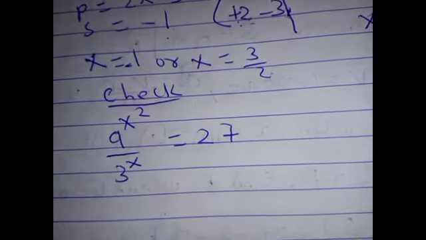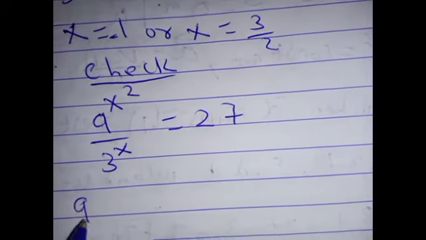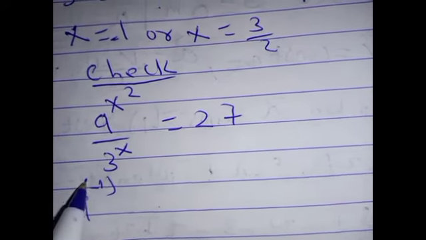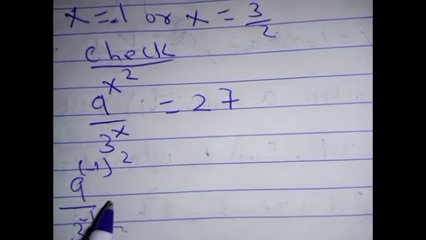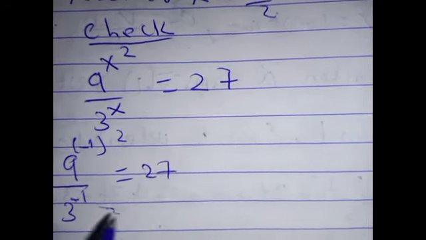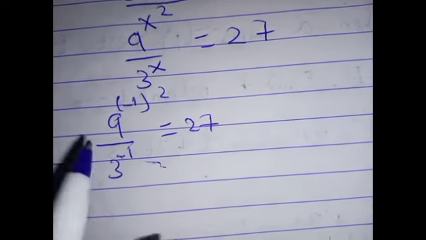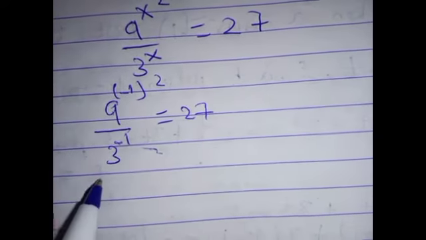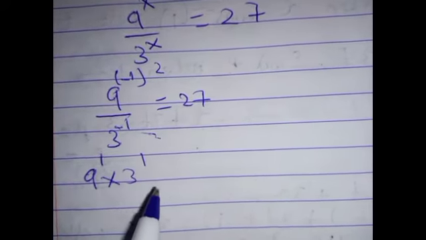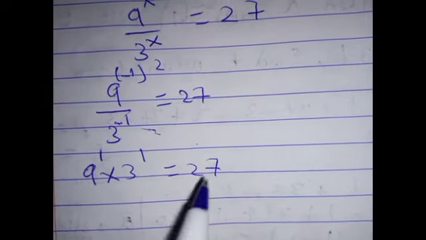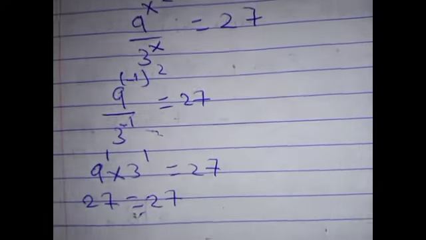So we begin by using the first case, x is equal to -1. So 9 power (-1) squared divided by 3 power -1 should give us 27. So the next step is -1 squared is 1. So you have 9 power 1 times 3 power 1 should give us 27. So this is 27, which is equal to 27, meaning that our working is correct.